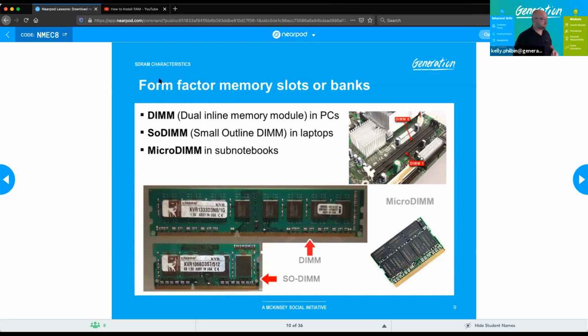And then you have SODIMMs, which is down here, and that's typically used for your typical laptops. And then you have micro DIMMs over here that'll work for your smaller notebooks and things of that nature. Up here is a standard memory bank for a RAM chip, as we had seen when we were working with the motherboards.